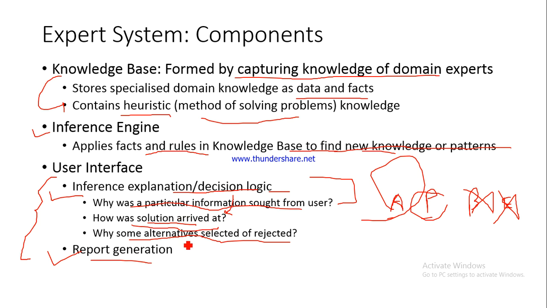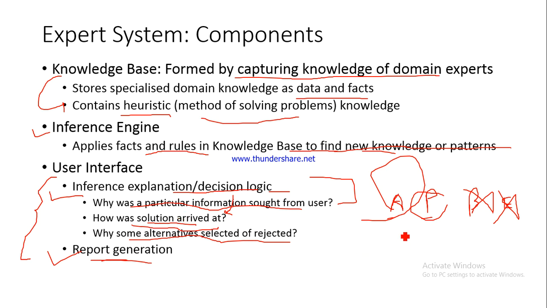So basically what I'm trying to tell you is that the user interface would not only generate reports, but it would also let the user know how the decision was arrived at, what particular approach was used, what particular process was used, why particular information was actually sought from the user, why a particular question was posed to the user, and why particular possible alternatives to the problem were not selected while only a few were selected.